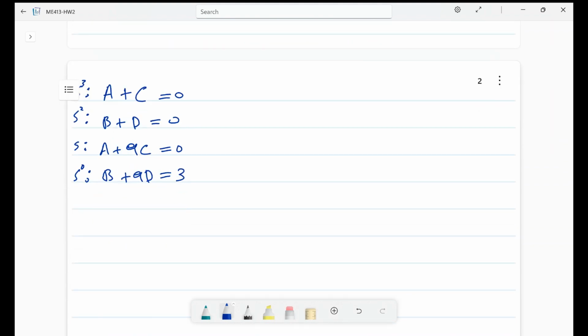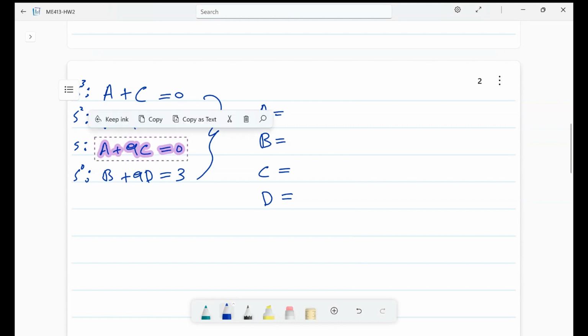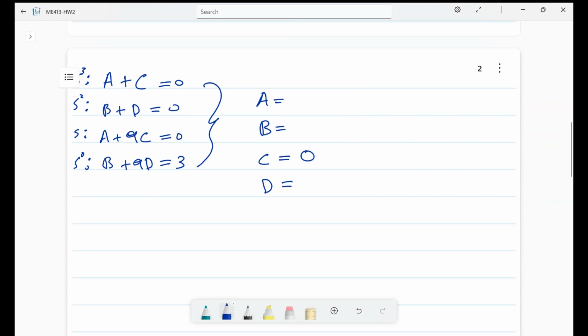Now, solving these equations, you can either solve them with any matrix calculator, or you can simplify your four equations. We have A equals minus 9C, so C equals 0, and A as well will be equal to 0, because if C equals 0, A also equals 0.